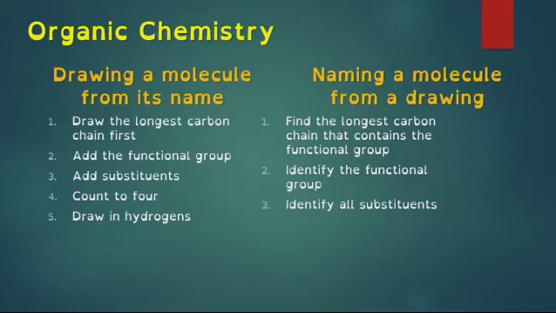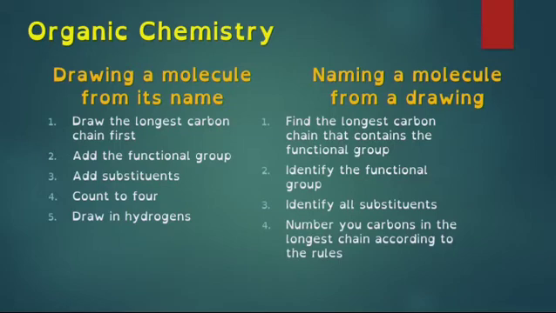So once you've identified your longest carbon chain and you have your functional group, it's often useful at this point to use color. In one color, you mark the carbons that are part of your longest chain. In a different color, you identify your functional group, and then in yet another color, you identify all the added extras, everything that is not part of that longest chain or the functional group. And now we have to count.